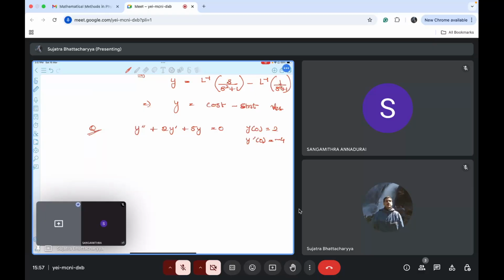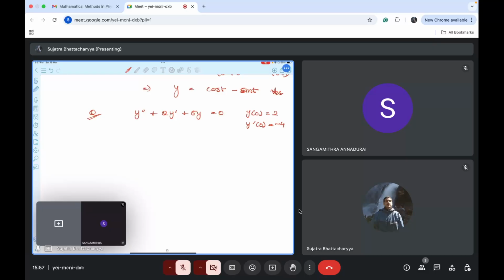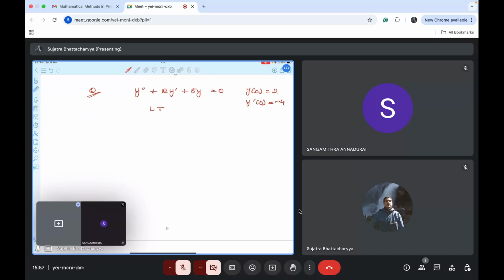Okay, so let's try this one. Apply Laplace transform both sides. The right hand side will be 0, and on the left hand side only the transform will be applied. So it will be s square L of y, as we have done in the earlier case also, minus s times y of 0. First I write it, and then we put the values.